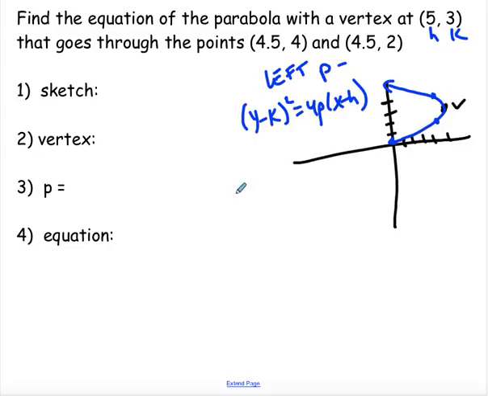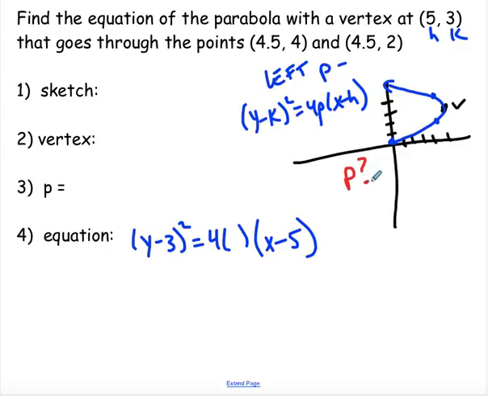So as of right now, I know that it's (y minus 3) quantity squared equals 4 times something, and then (x minus 5). So we need to figure out what P is. All I know right now is that P is negative because it's opening to the left.